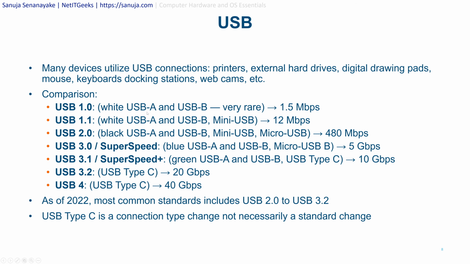Just like USB Type A and Type B, it is actually a connection type, not a standard change. However, because most of the USB 3.1 and up will have USB Type-C, most technicians and users, and your end users, will be referring to USB 3.0 and up as USB Type-C.